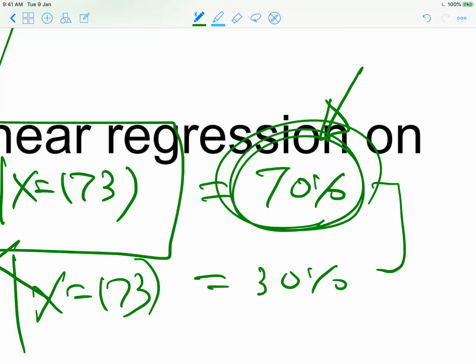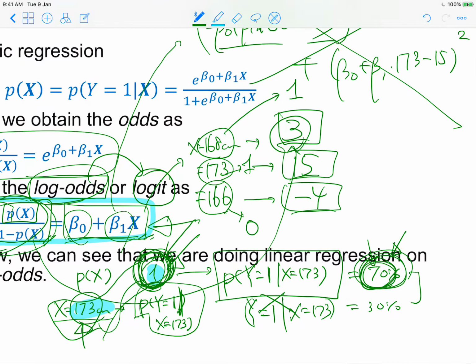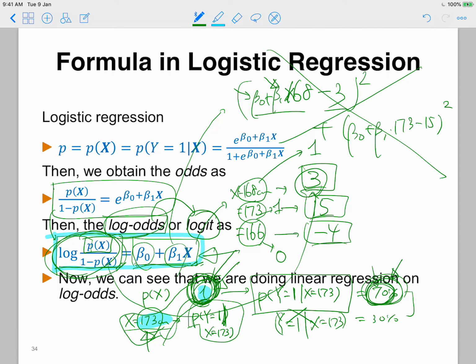Okay, so we do not know this probability, and this probability is represented as this guy, right? And this guy is the same thing, so they are just differently written equations from the same equation.